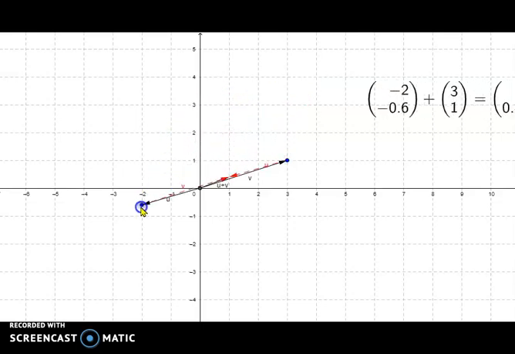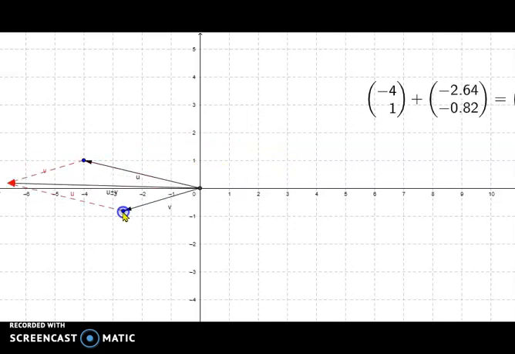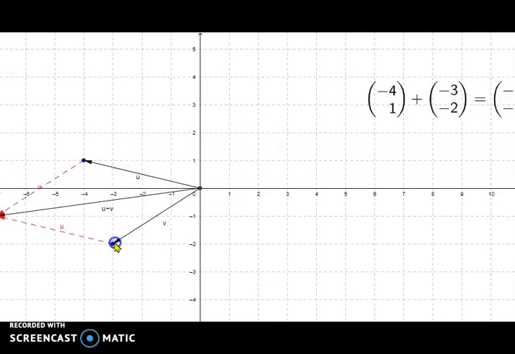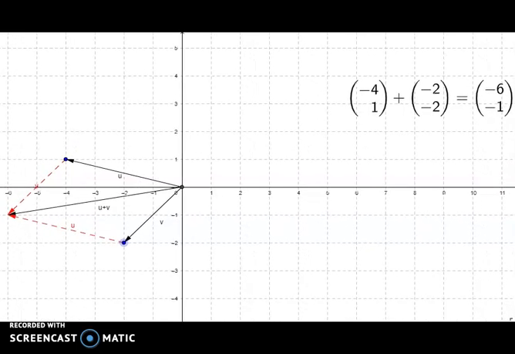Let us change u again, and this is our v. Now the sum is at negative 6, negative 1. So you draw from the origin to that point, and that is just the sum of the two vectors.